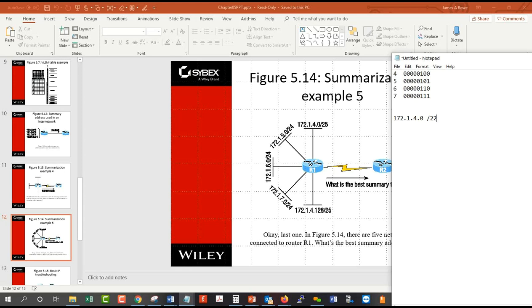That would be how you would summarize all of these addresses for this route, okay?